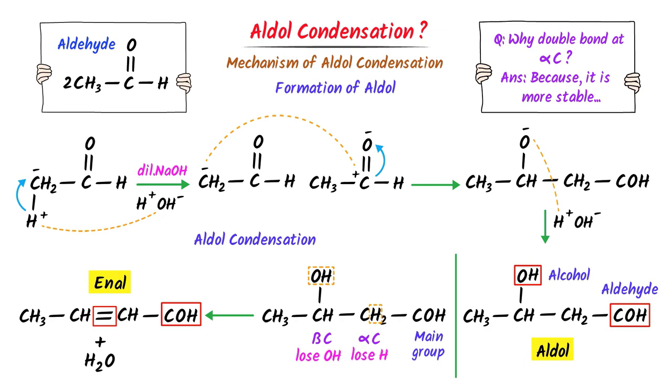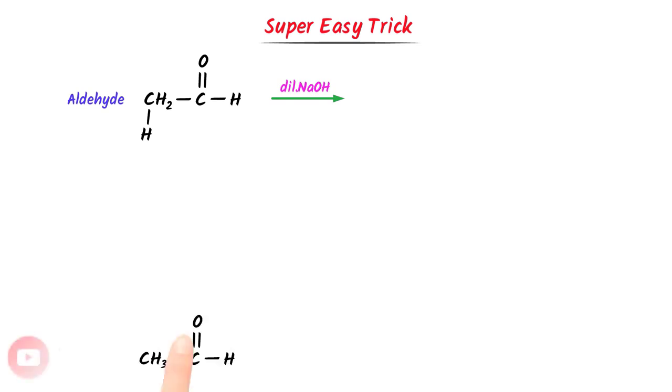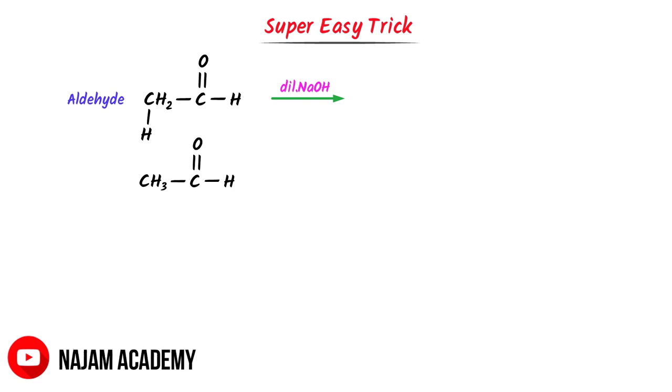Now in the last part, I will teach you the super easy trick to remember aldol condensation. Consider this conversion reaction. We can see that this is aldehyde and this reaction is aldol condensation. Now I write the second aldehyde below the first aldehyde. We know that aldol condensation is the removal of water molecule.